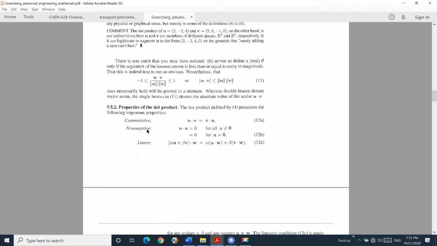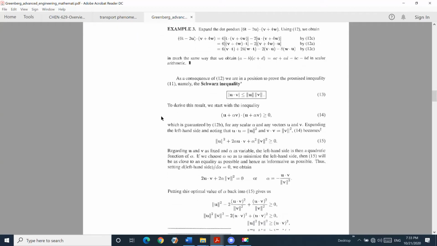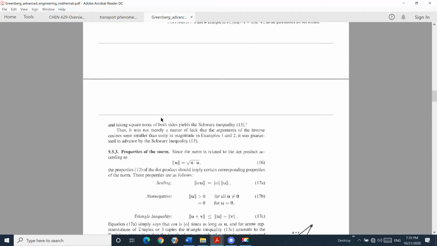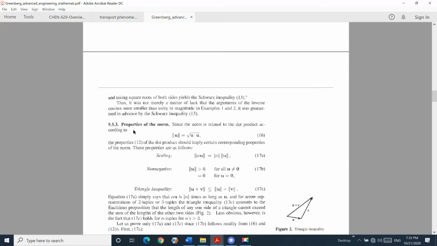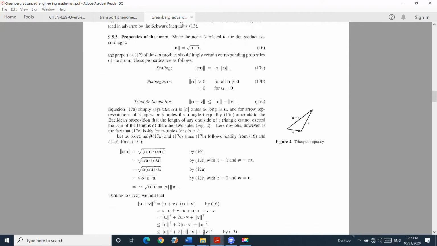Another subsection, 9.5.2, gives the properties of the dot product, which is important, as it gives the properties of the norm here.